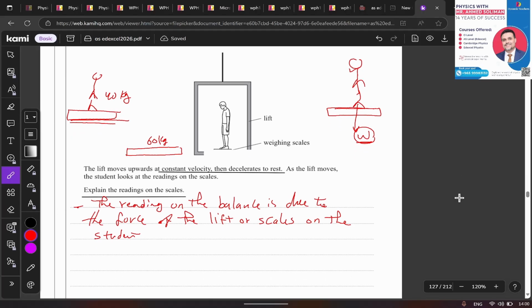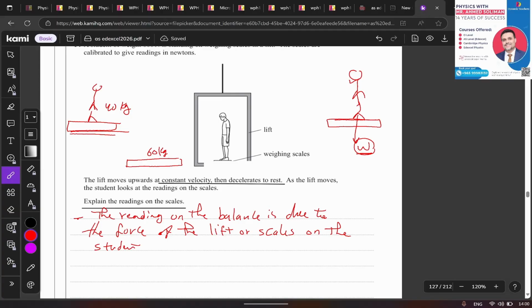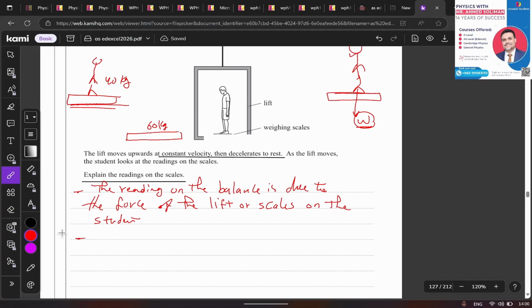Now, with constant velocity, what is the relationship between the weight of the person and the force from the balance to the person? We have the weight of the person down and we have the force up.